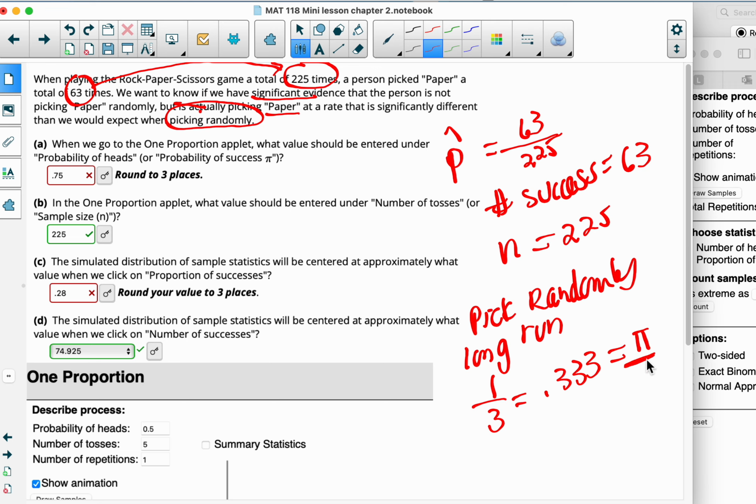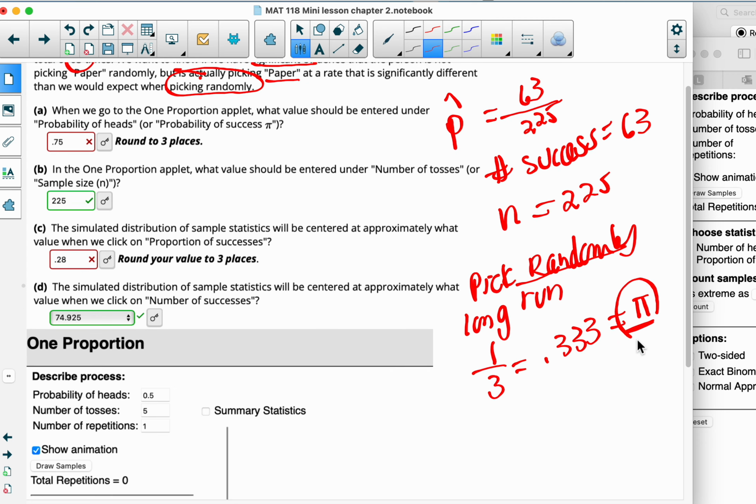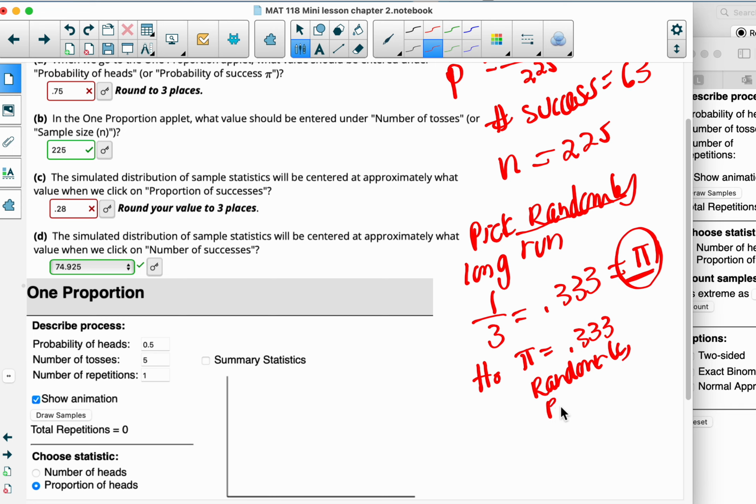In the long run, if people pick randomly, my pi value is equal to 0.33. So my null hypothesis would be pi equals 0.33. People pick paper randomly.